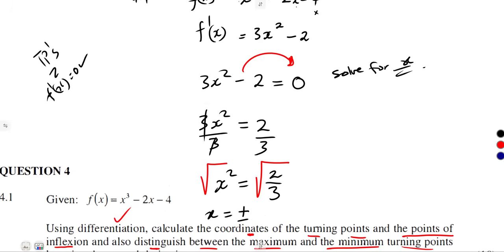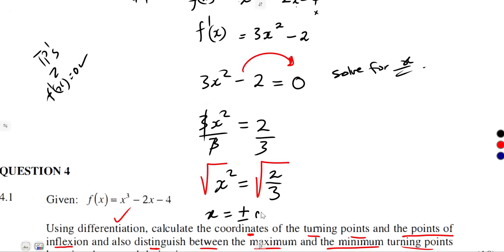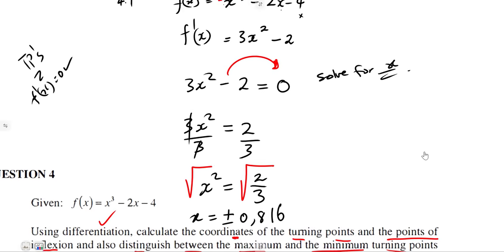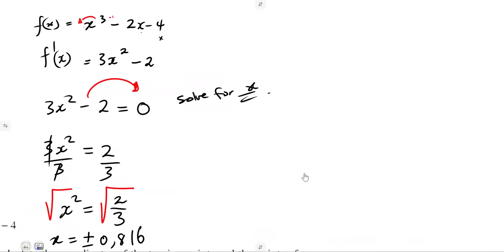All right, square root of 2 over 3. So that is going to give us 0.816 to 3 decimal places, or you can just use it as a square root as it is. So that is it, guys. These are the values of x at the turning point.